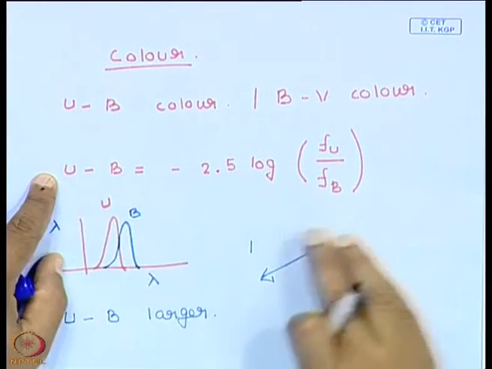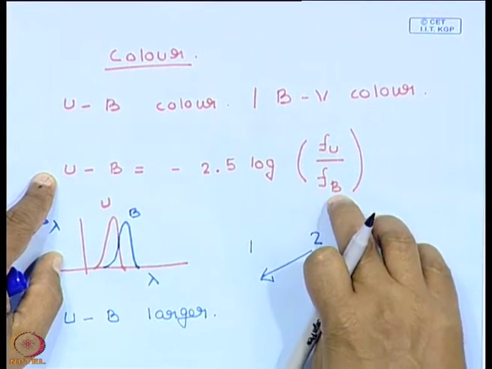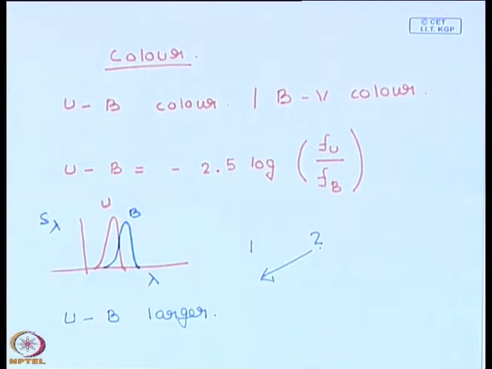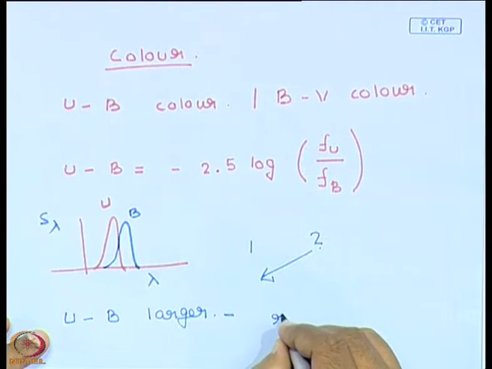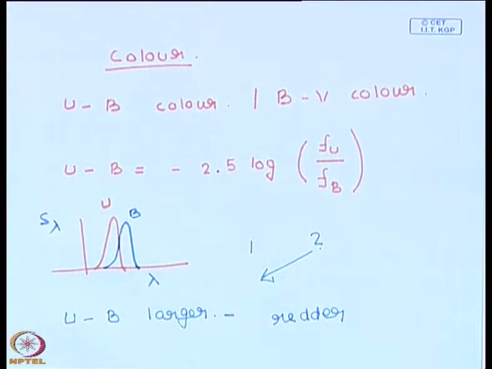Its being more tells us that for the second source this ratio is smaller, the blue has more flux than the ultraviolet. So, this implies that source 2 is redder. Ultraviolet is less, so it has more of the larger wavelength component, which is what we refer to as redder.